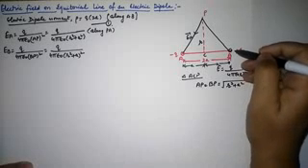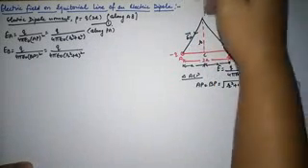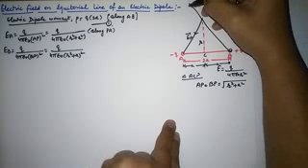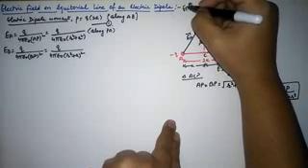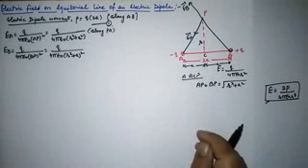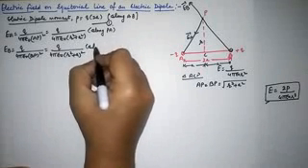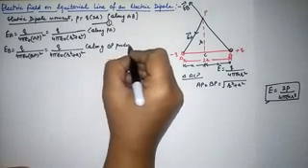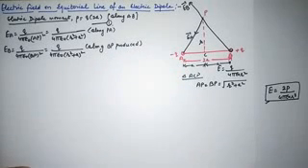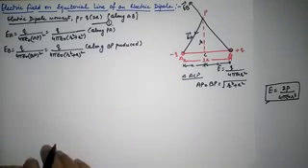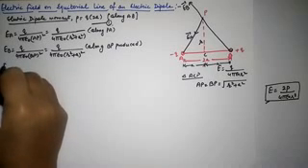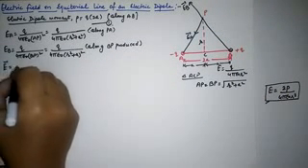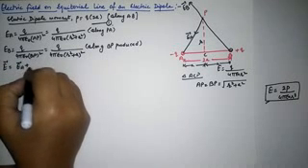This charge is positive, so the electric field will act in the outward direction, away from this charge. This is the direction of EB, that is along BP produced. Now we have to calculate the resultant of these two vectors. Suppose E is the resultant electric field at P. So E is written as EA plus EB.